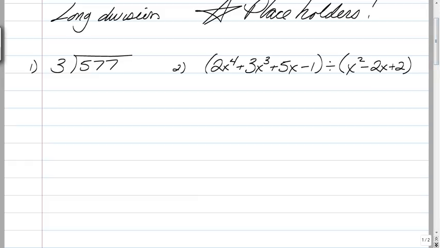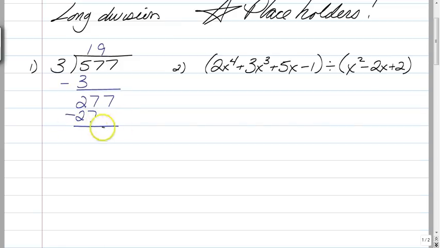So to remind you of how you actually do long division, what you do is you ask yourself, how many times does 3 go into 5? The answer is 1. So 1 times 3 is 3, and then you subtract. So 5 minus 3 is 2, 7, 7. So how many times does 3 go into 2? It doesn't. How many times does 3 go into 27? The answer is 9. And you get 27.